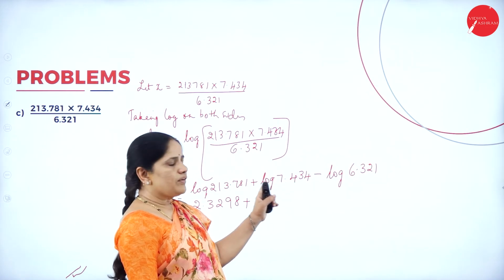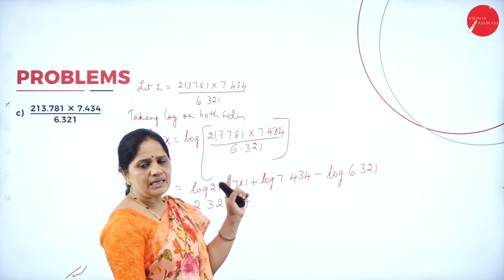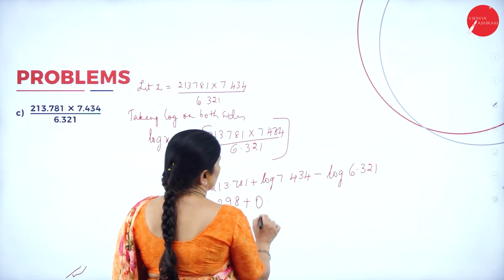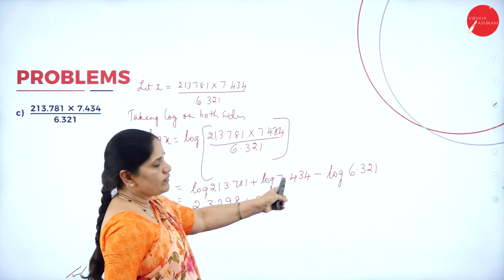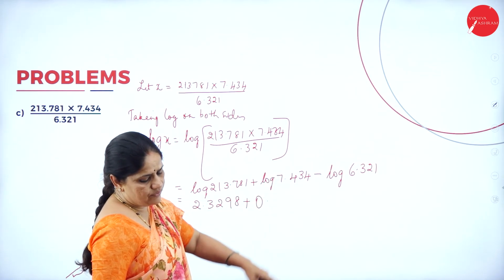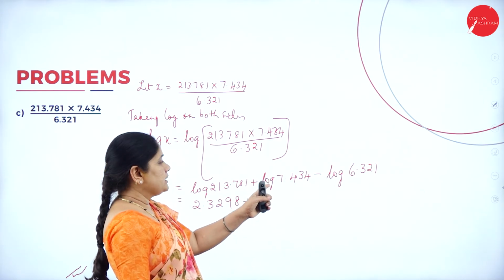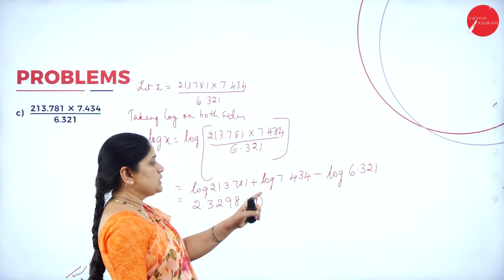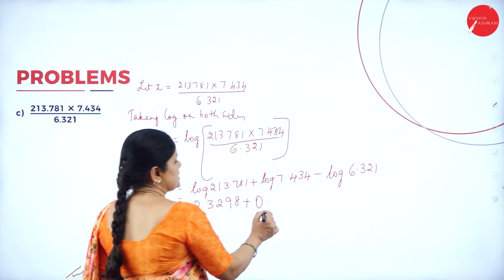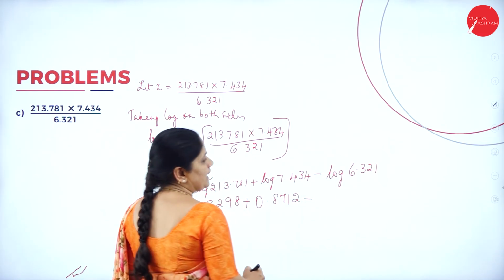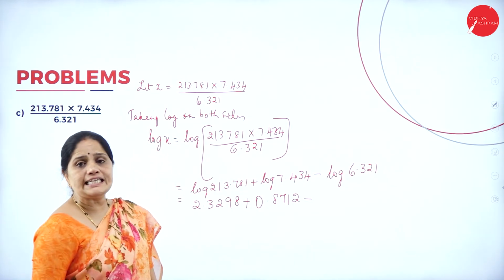So, the number of digits to the left is only 1. So, 1 minus 1 is 0. So, I will write 0. Then I find the log value of 7434. So, the value is 0.8712 minus log of 6.321.